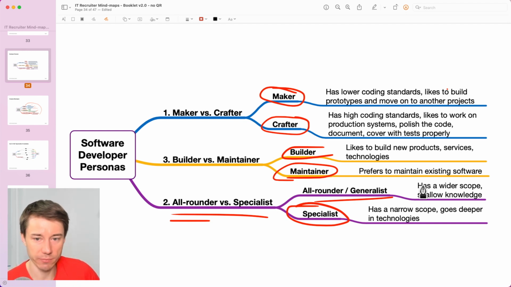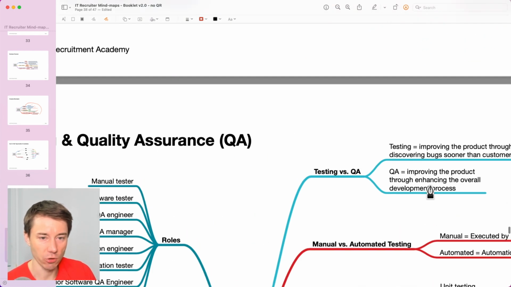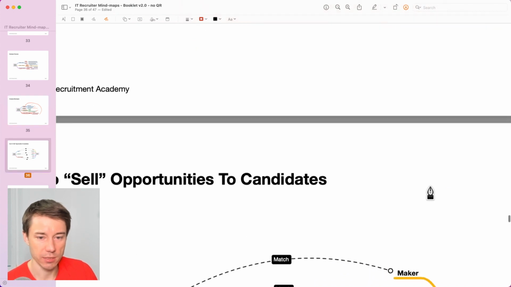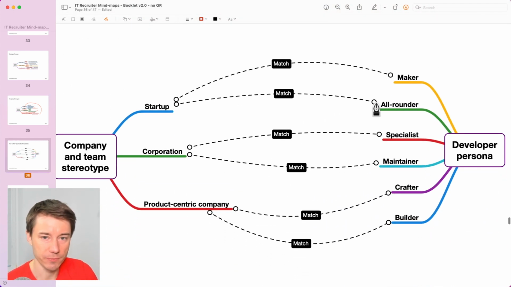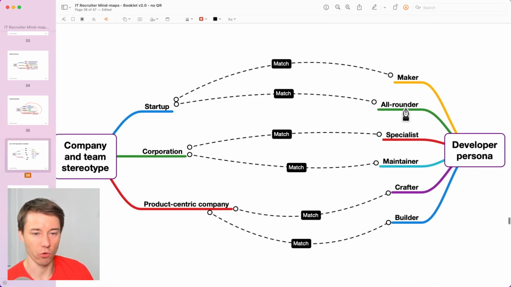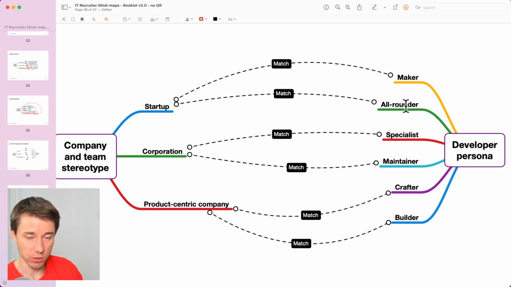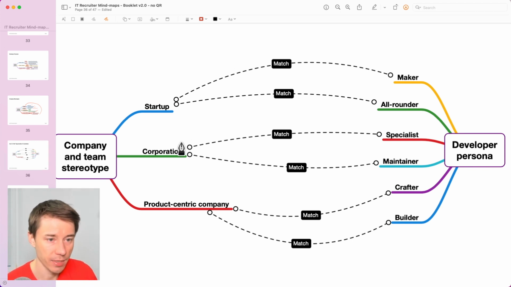And all-rounder, someone who has a wider scope, but not that deep knowledge, rather shallow knowledge, but across different technologies. So that's the maker and all-rounder. So we are talking about a startup. So a startup needs these generalists, people who can create new innovative projects from scratch.